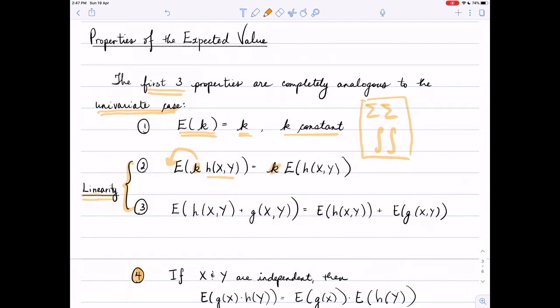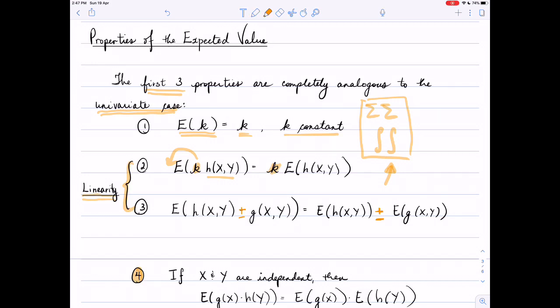And the same thing for number 3. You can split sums and integrals over pluses and minuses. So in fact, this really should say plus or minus here. Minus is just adding a negative anyway. They are really the same thing.